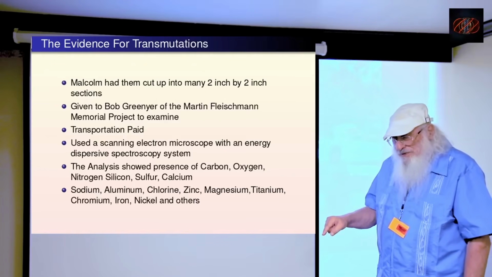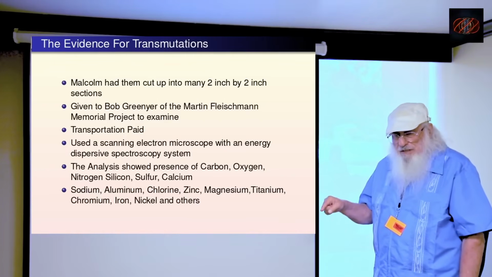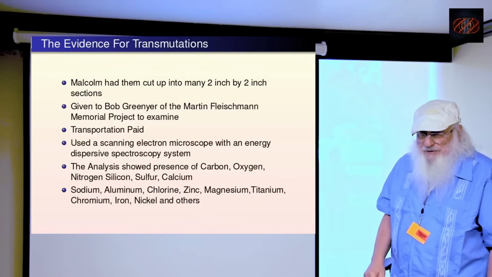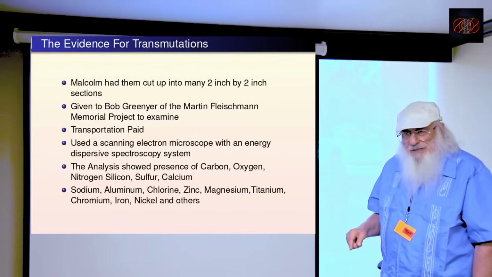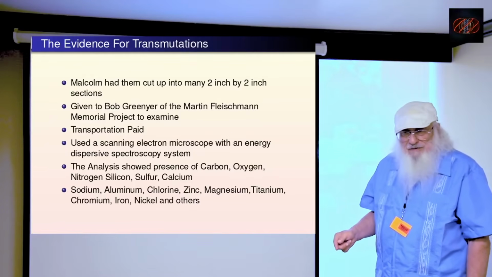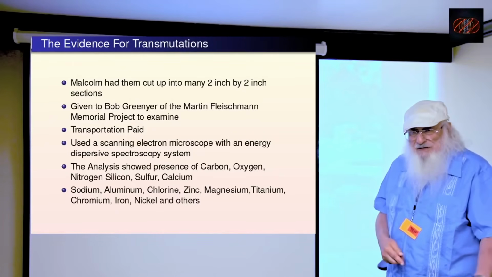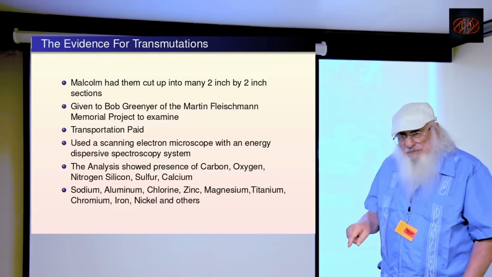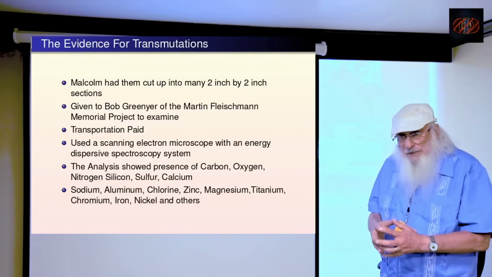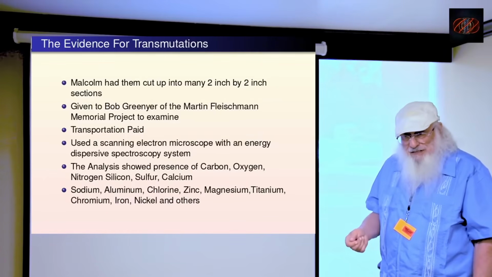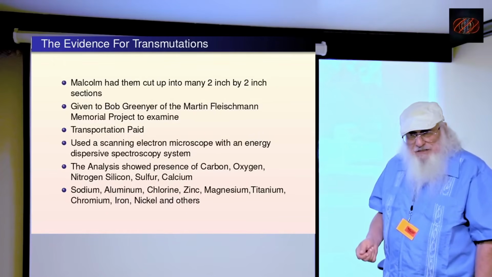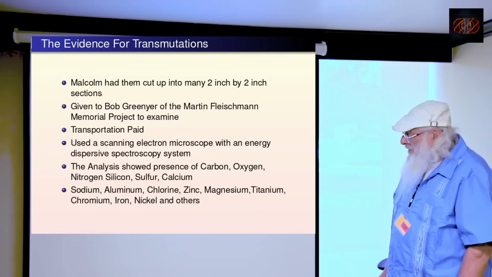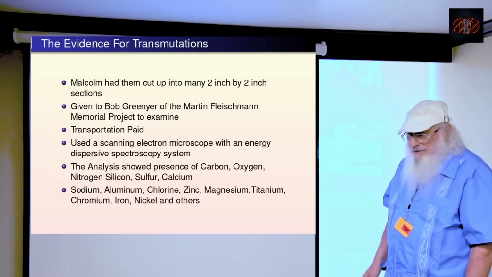The energy dispersive spectroscopy system looks at the scatter of energy from where the electron beam was pointing and tells you the elements present. It could be something with an oxide, could be something with a sulfate. It tells you the presence of the element, not the chemical formula, but the presence of the elements, and how much of each. And that system was showing the presence of carbon, oxygen, and nitrogen. Good, that's clear.